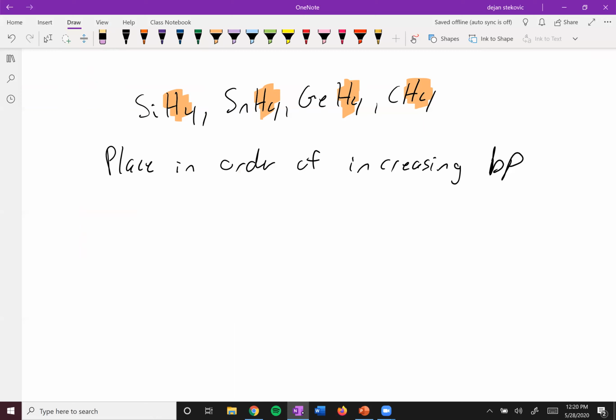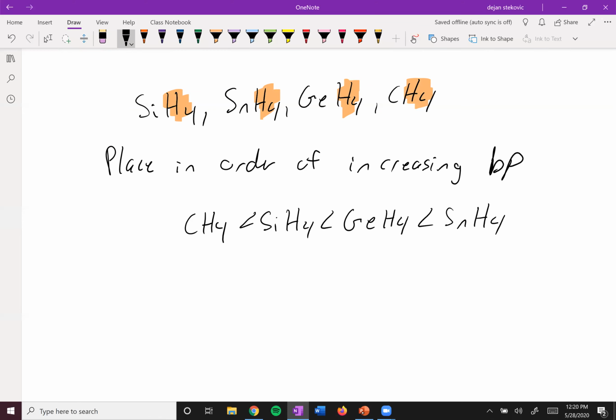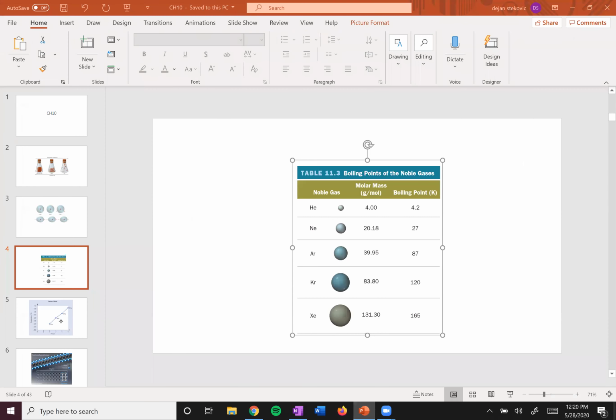So it goes CH4, the smallest one, followed by silicon, germanium, and then tin. This picture just shows you the same thing.